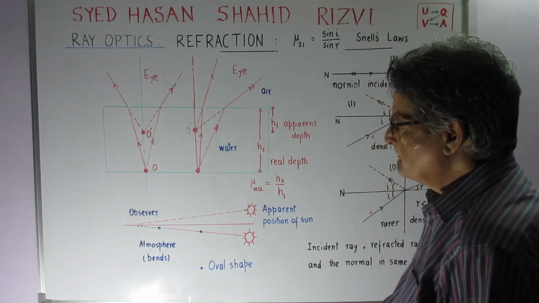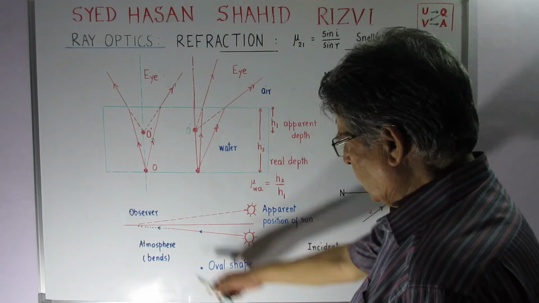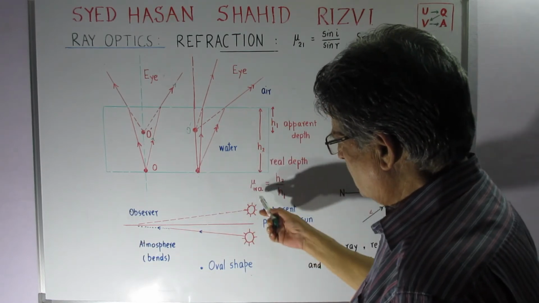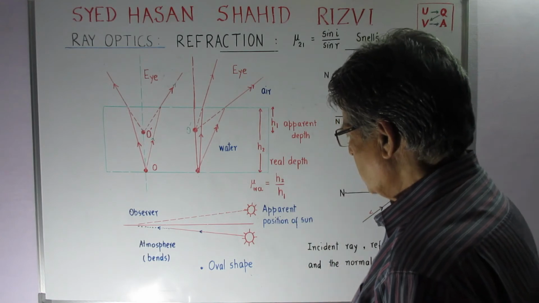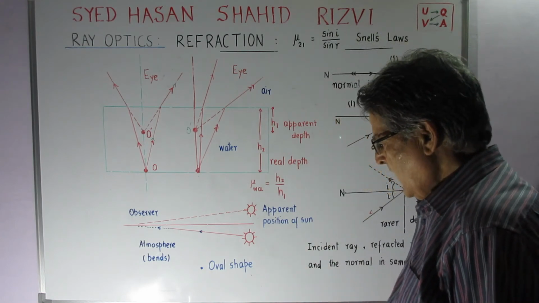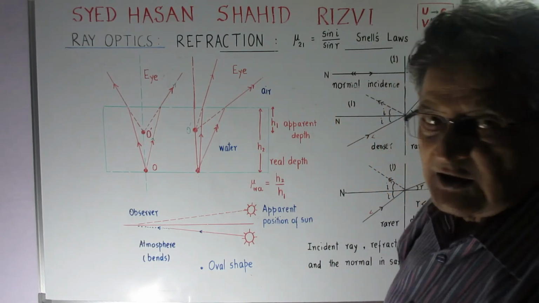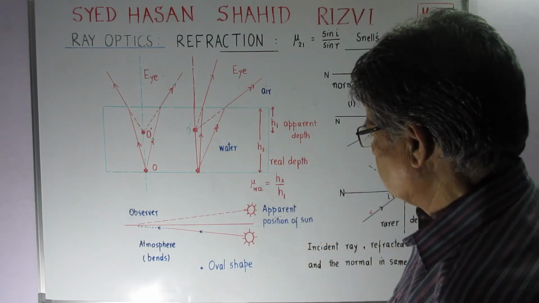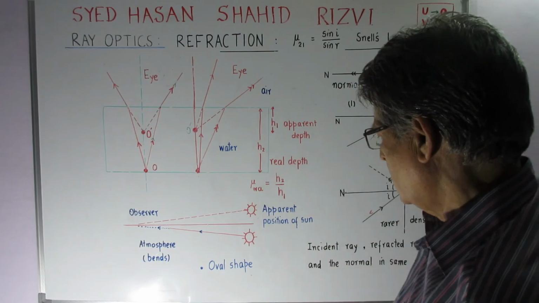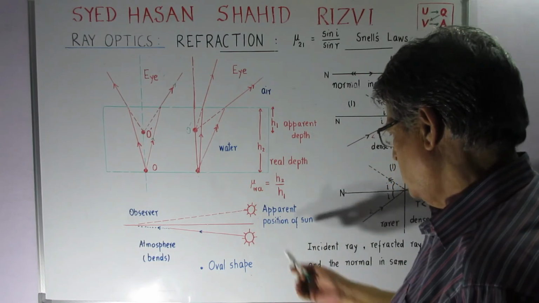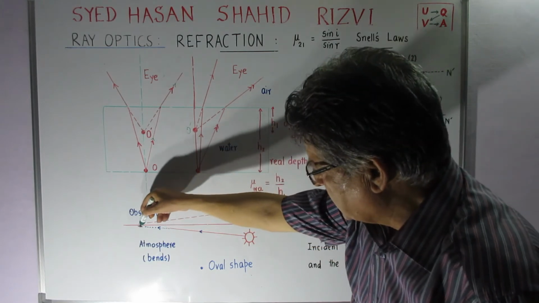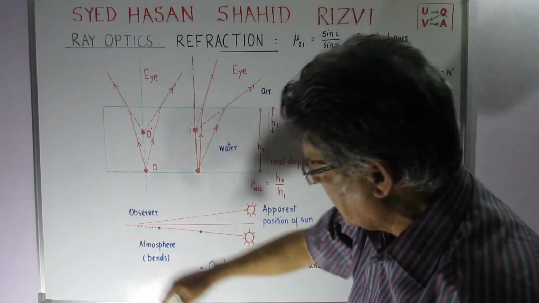Another application of refraction is what we see in the morning as Suryodaya, and in the evening as Suryast, when the sun is coming. This is the horizon, and there is some observer over here. I have not made that earth part.